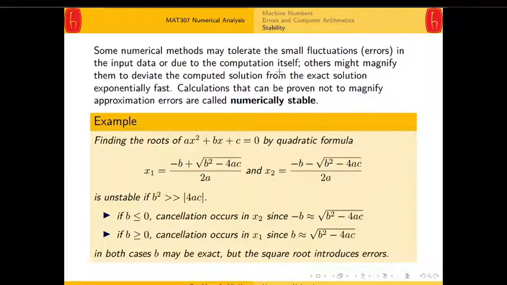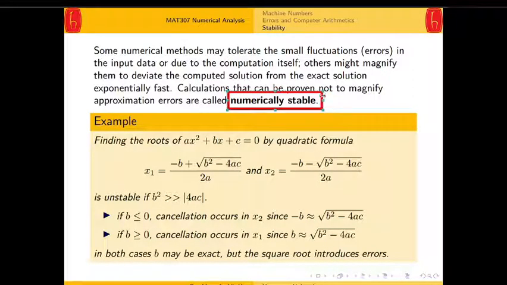Some methods can tolerate small fluctuations of errors, but other methods cannot tolerate small errors, and the computed solution will deviate from the exact solution with an exponential effect.